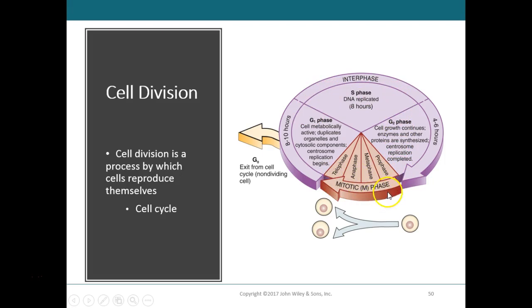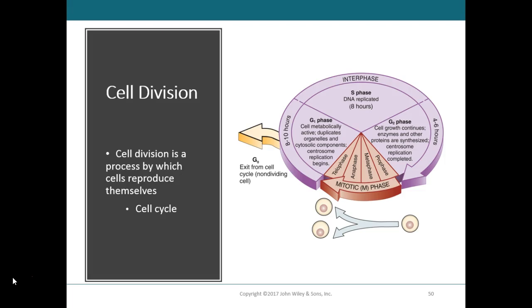Mitosis is this part down here in this light pink and red. So interphase is when a cell is doing its cell job. So a liver cell is being a liver cell, a toenail cell is being a toenail cell. So interphase is when the cell just carries out its metabolic processes, except for mitosis.